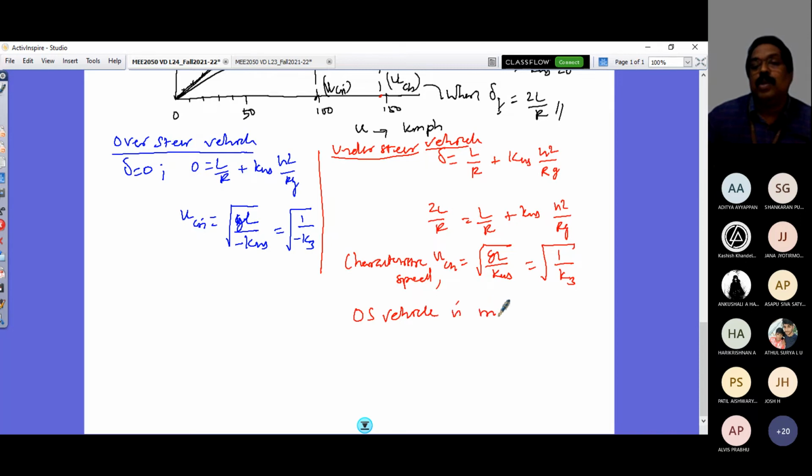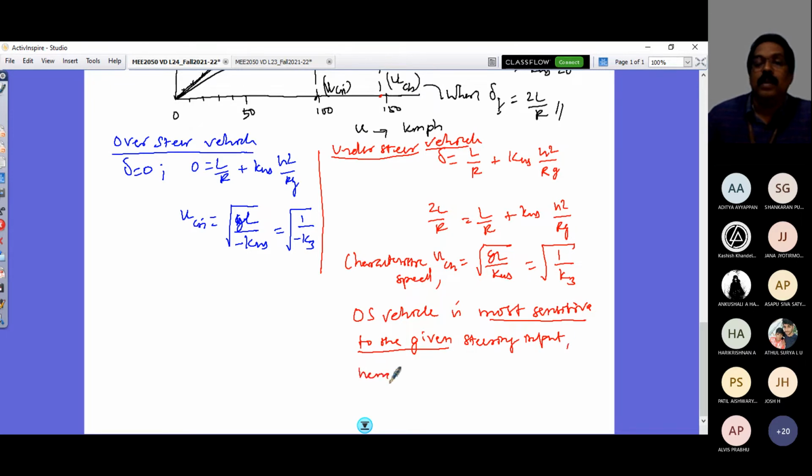is most sensitive to the given steering input, or you can say most sensitive handling characteristics.